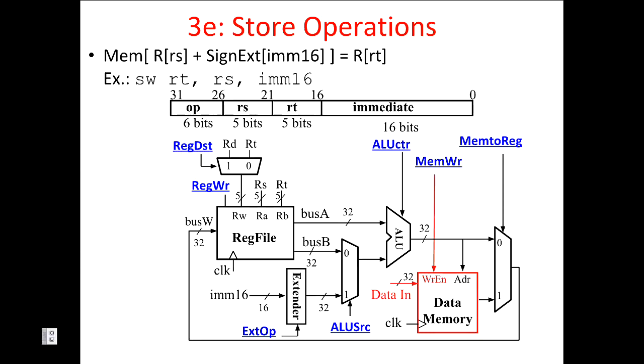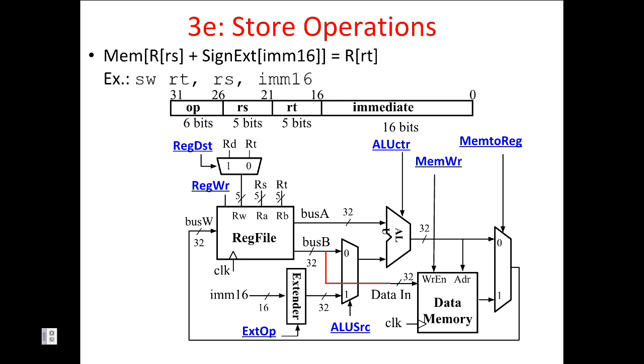It doesn't matter. I don't care what's coming out of the ALU or out of the data memory, because I'm not going to write anything to the reg file at all. This reg write control signal is going to be a 0, which basically means that whatever's on bus W, I'm going to ignore. So mem to reg can be a 0 or a 1. We're not going to specify exactly what that needs to be.